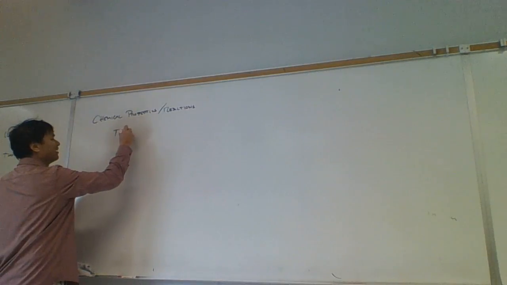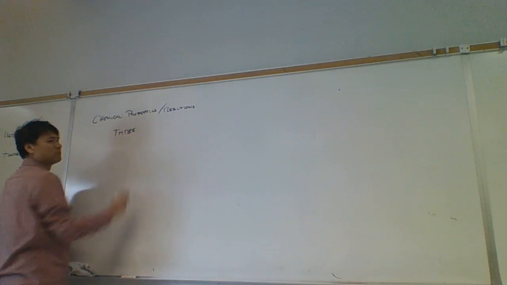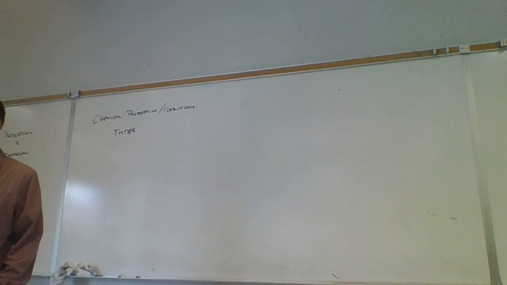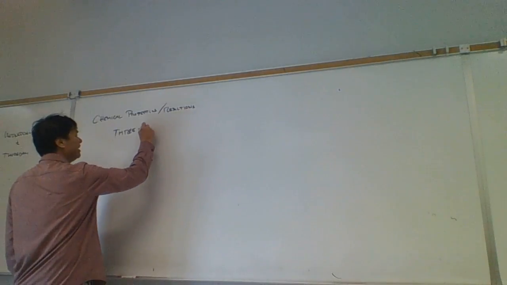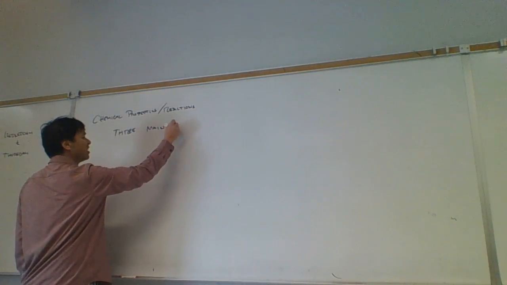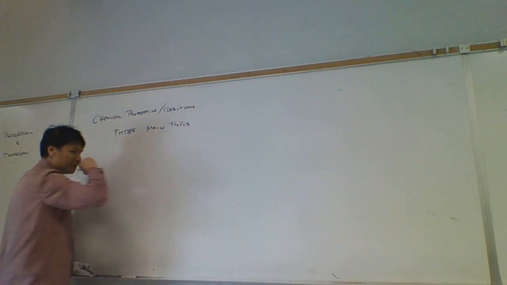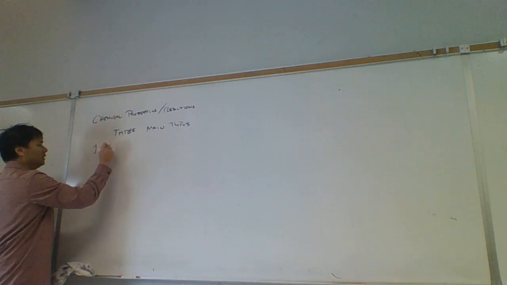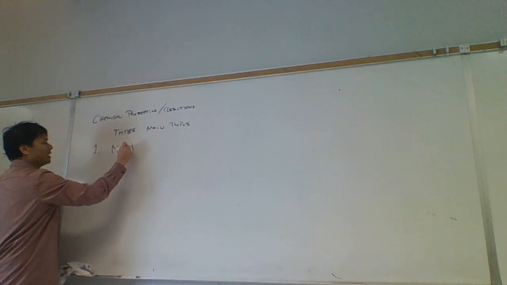Now this is where I'm going to be dramatically different than your book, as well as the supplement. We'll discuss each of these in a lot more detail, but let me just give you the rundown right now. The first type of reaction is something called a metathesis reaction.